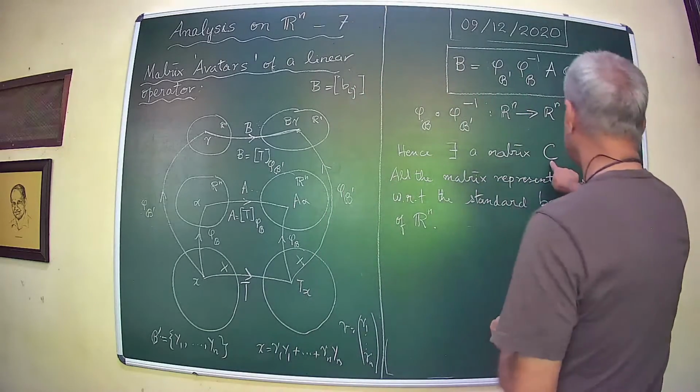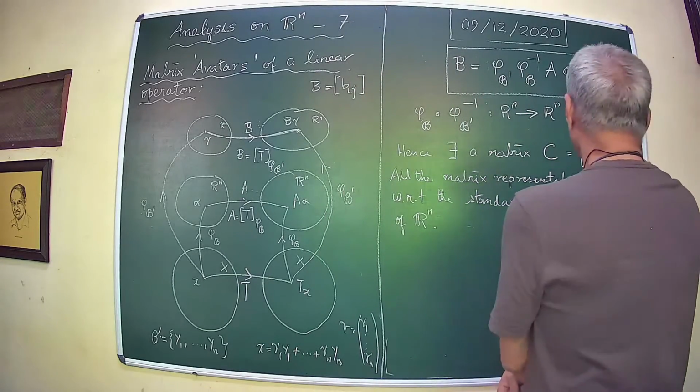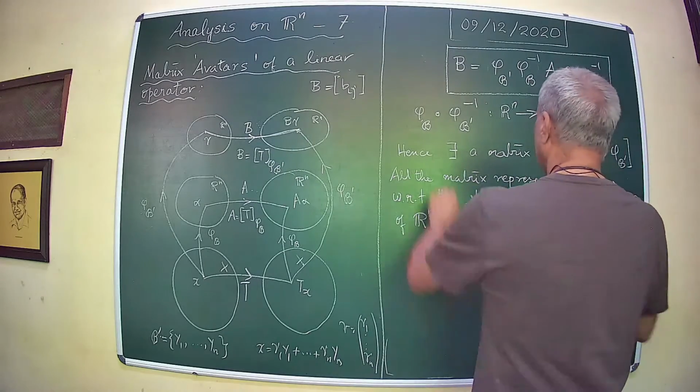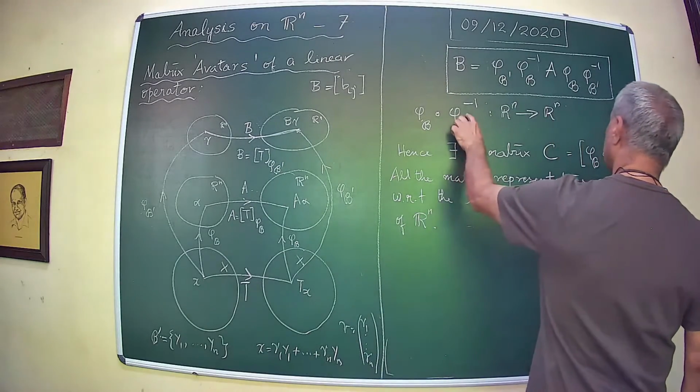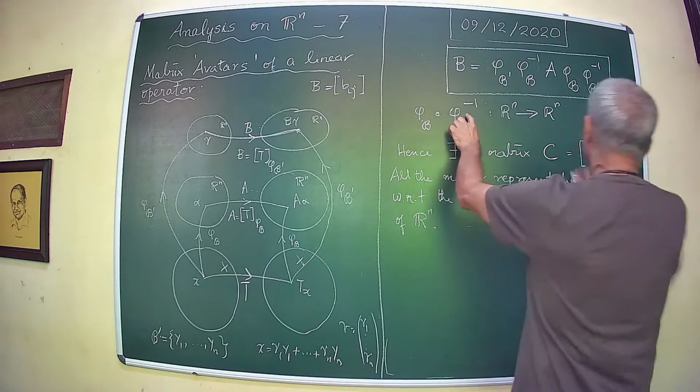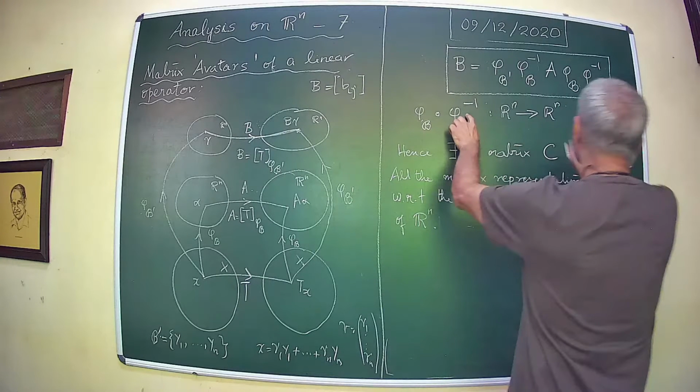Therefore, this is C. So I denote phi b composition phi b prime inverse, that is this part, by C.